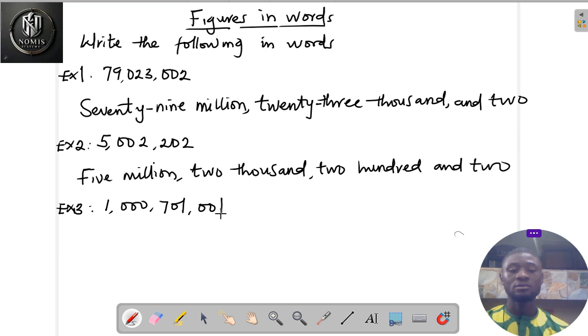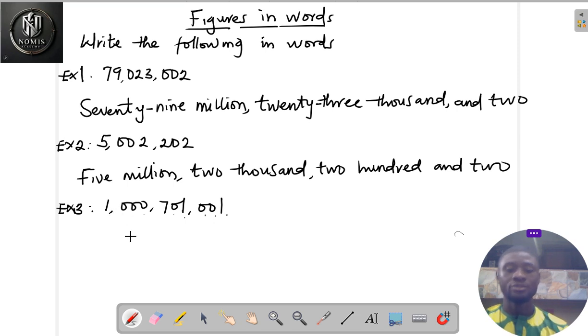So if I count my place value from the right hand side: units, tens, 100, 1,000, 10,000, 100,000, million, 10 million, 100 million, then I'll have billion. So after the hundreds of the million, then I will have billion.